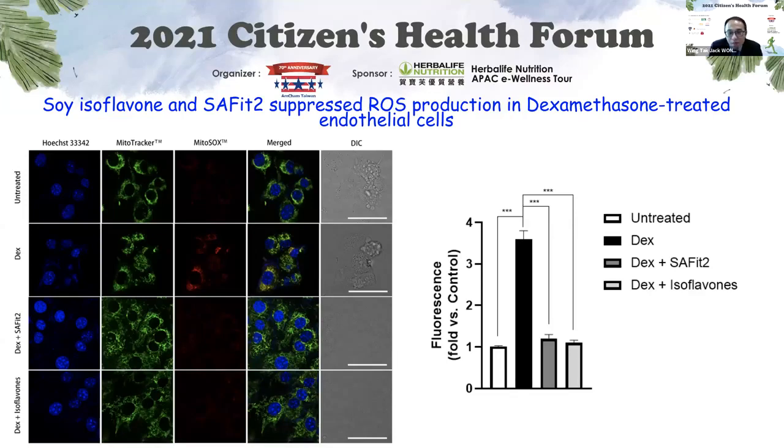We treated the cells with 100 nanomolar SAFit2 as well as 100 nanogram per ml soy isoflavones to determine changes in ROS level after dexamethasone treatment. We observed that the ROS production was elevated in the dexamethasone-treated group, which could be reduced by either soy isoflavones or SAFit2.